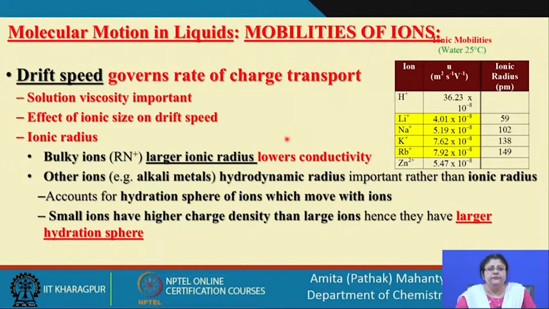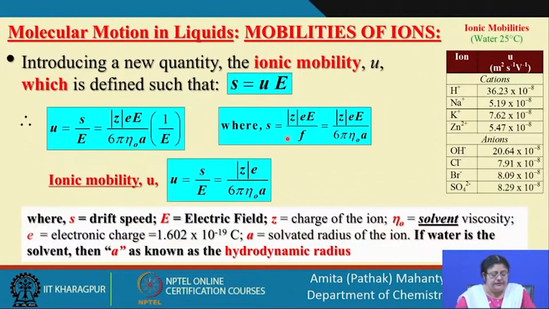Suppose we have an ion which is bulky, with a large ionic radius. We saw previously, comparing these two, potassium is much smaller than the zinc ion.